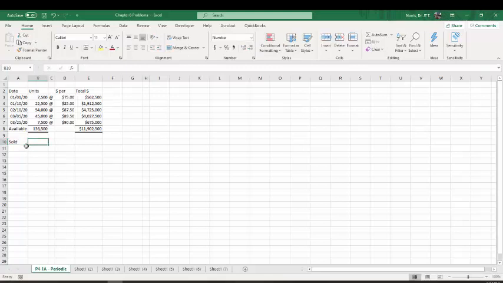All right, so we sold 1,100 on the 28th of January, 3,750 on the 30th of January, another 1,500 on February the 5th. On the 16th of February, 27,000 units were sold.